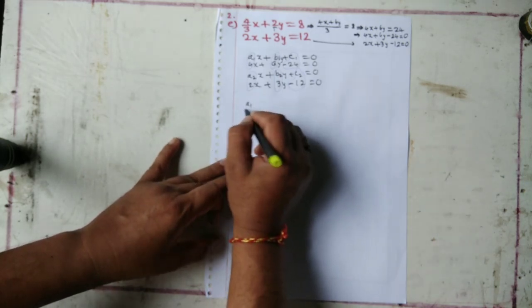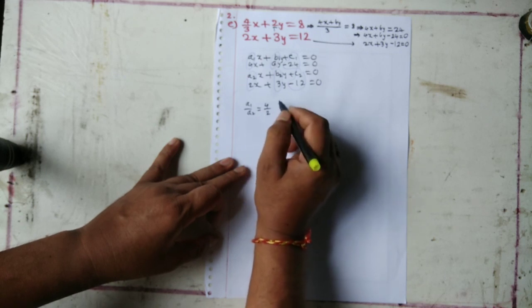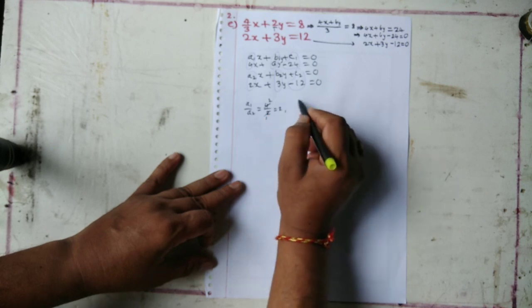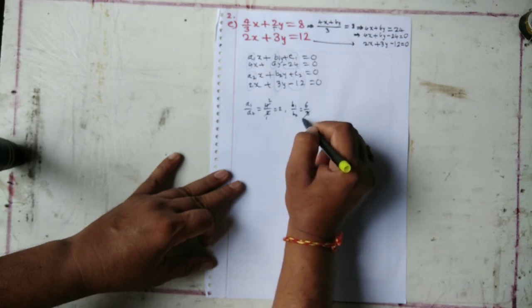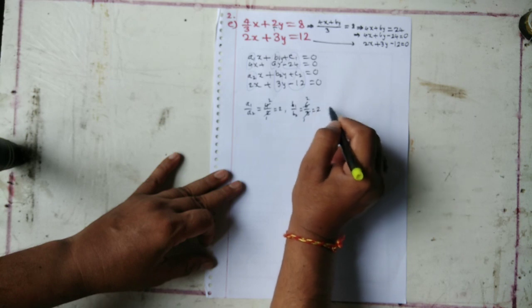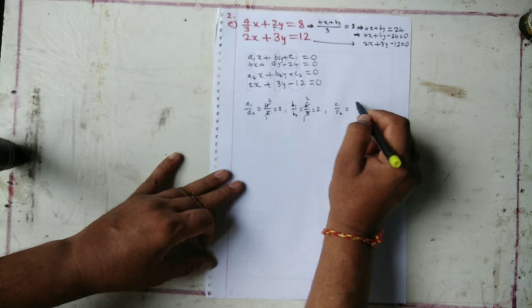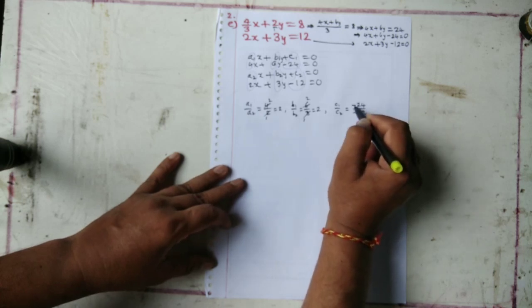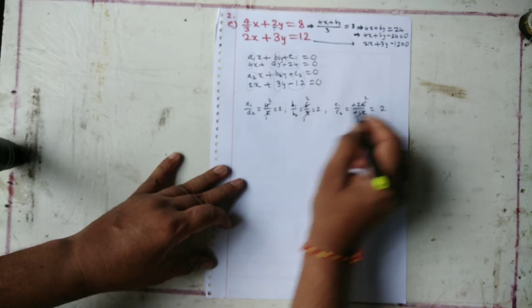Therefore, a1 by a2 is equal to 4 by 2, which is 2. b1 by b2 is equal to 6 by 3, which is 2. c1 by c2 is equal to minus 24 by minus 12, the minus signs cancel, 12 twos are 24, so 2.